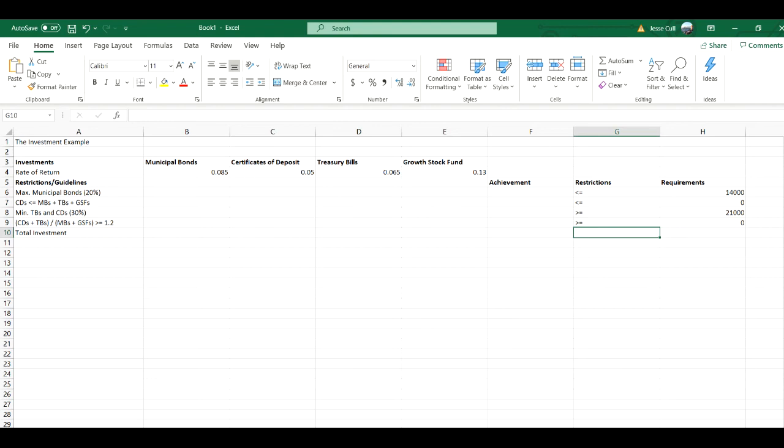Finally, total investment, 1, 1, 1, 1. That means between these four, it must equal 70,000. So the total invested in these four combined must be exactly equal to 70,000. That's what we've seen so far.